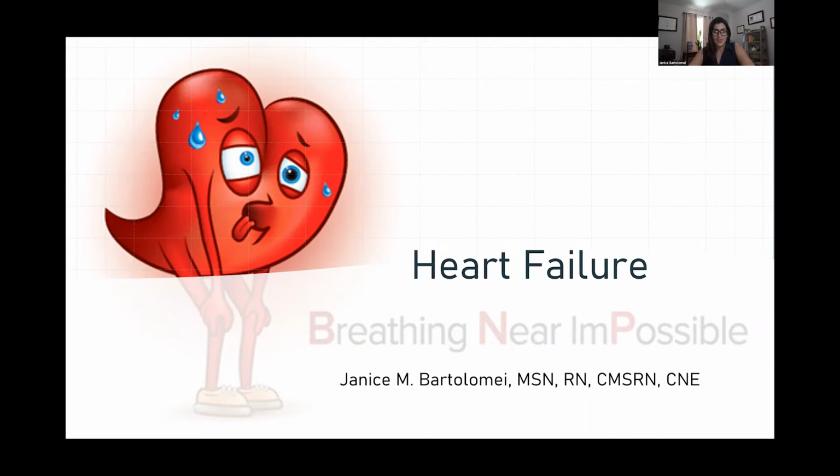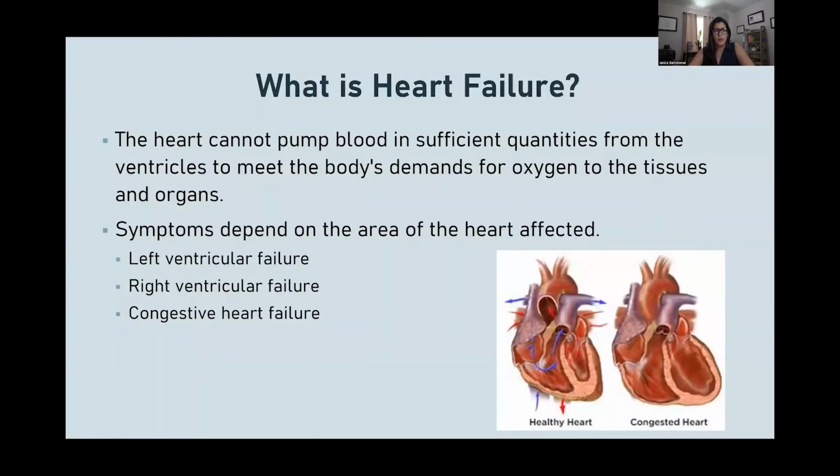So let's get started. Heart failure is when your ventricles, or the pumping force of your heart, basically get damaged and your heart becomes sick, the muscle becomes weak, and therefore the heart cannot pump a sufficient amount of blood to meet the demand of oxygen around the tissues and organs.